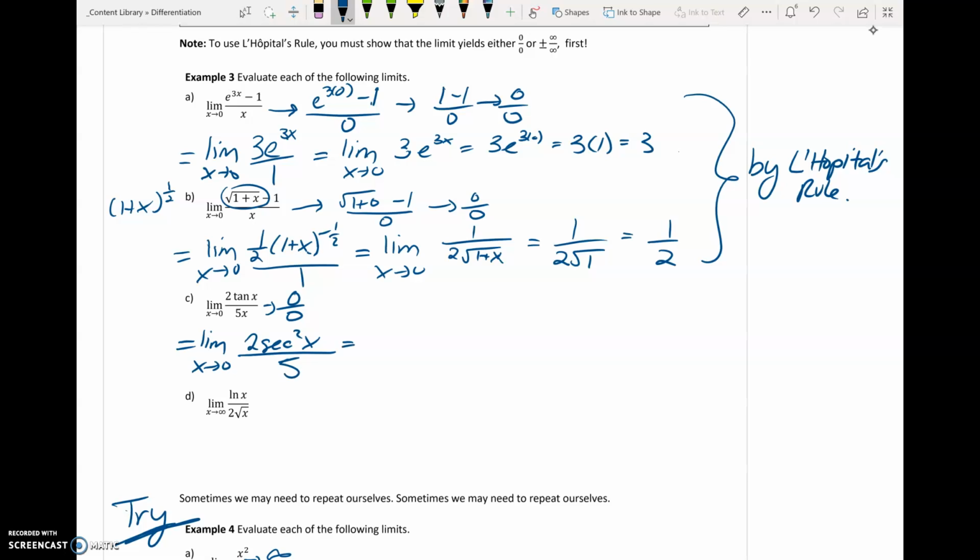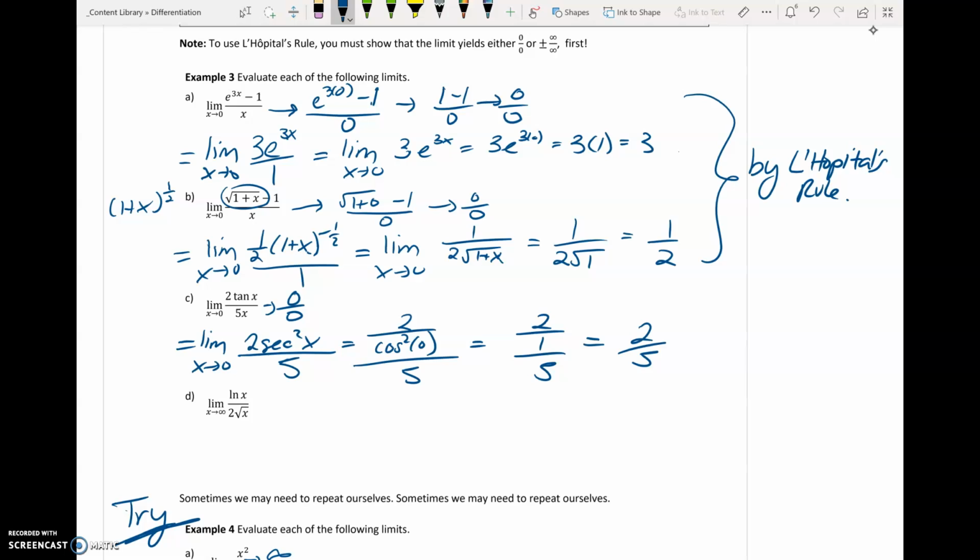We're not going to get an indeterminate form if we evaluate this, so we can go ahead. Instead of writing secant, I'm going to change this to cos. So equivalently, this is 2 over cos squared of 0 over 5. Cos of 0 is 1, so 1 squared is 1. Final answer is 2 over 5 for that one.